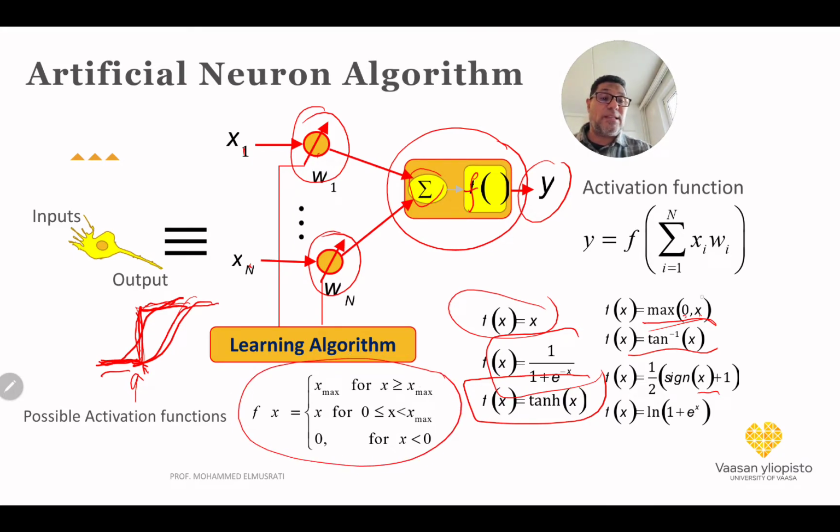Okay, it is similar to maximum of 0 and x, but it has some limitations, so it will not go to infinity. It is linear within some range. So it can go from 0 to x, and for values less than 0 it is not linear.